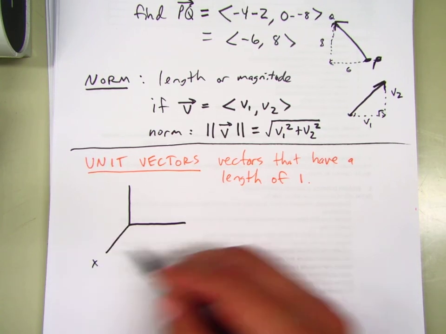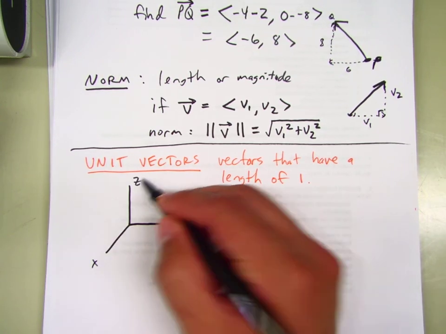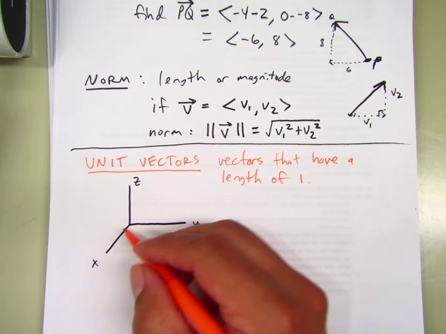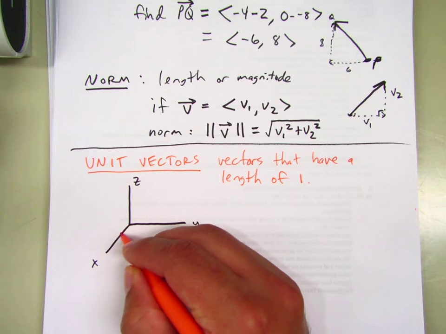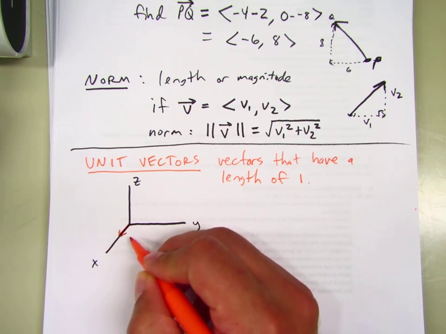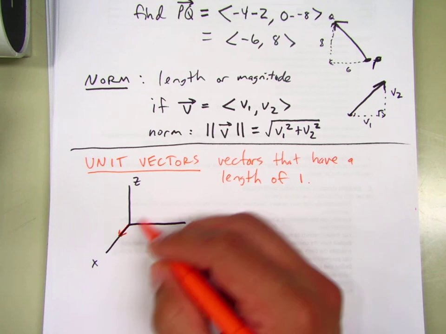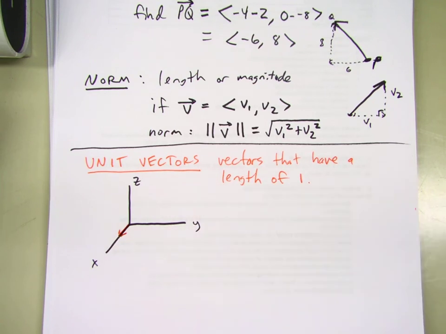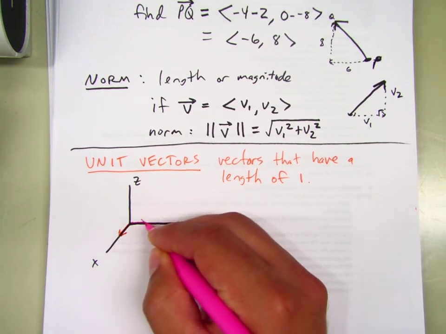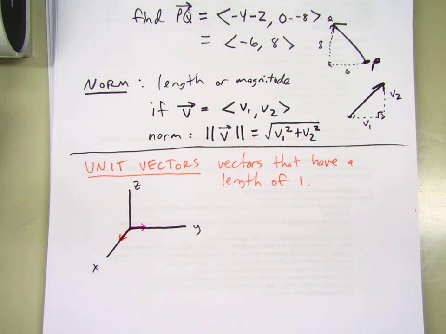So if we have our usual x, y, and z axis, if we take a vector starting at the origin and going out along the x-axis here, that is one unit vector that has a name. If we go 1 unit this direction, that's the second one.